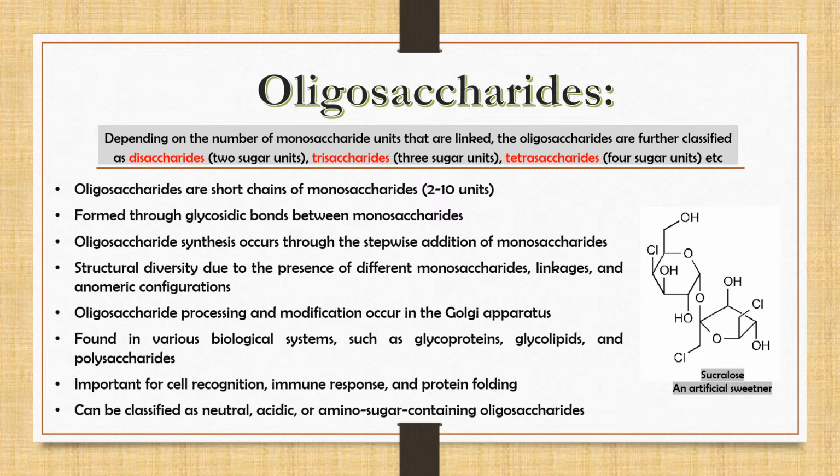Among these, disaccharides are the most important class because of their biological role and relative abundance in natural products. Oligosaccharides are important for cell recognition, immune response, and protein folding.